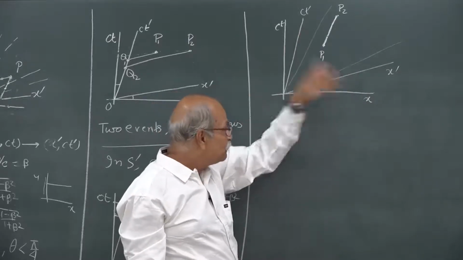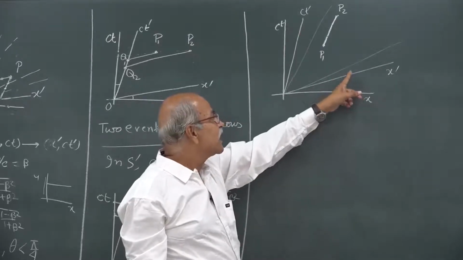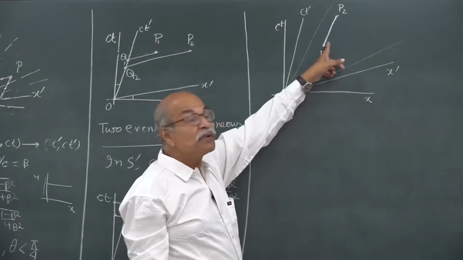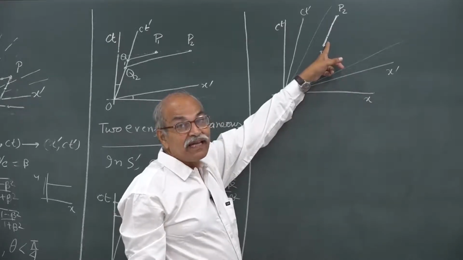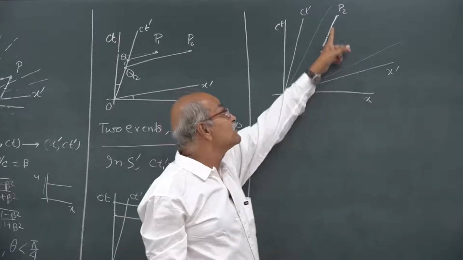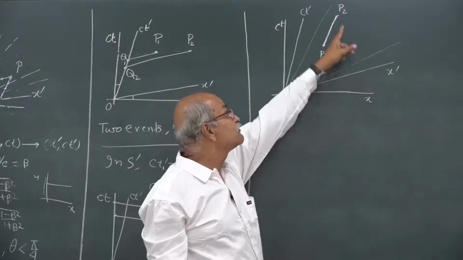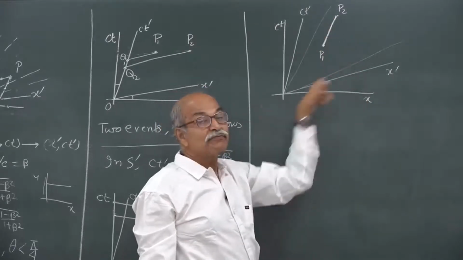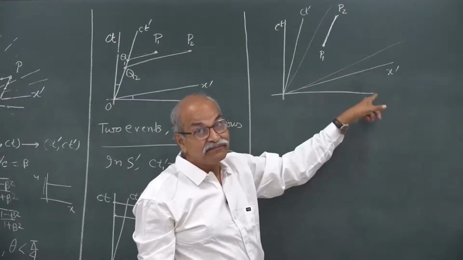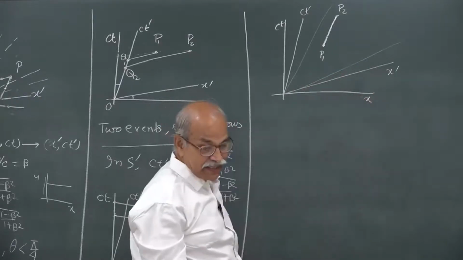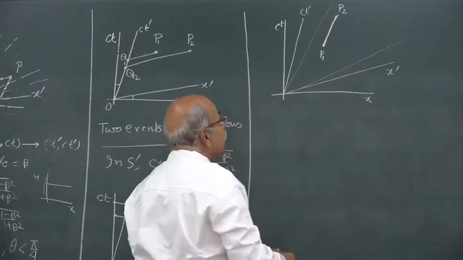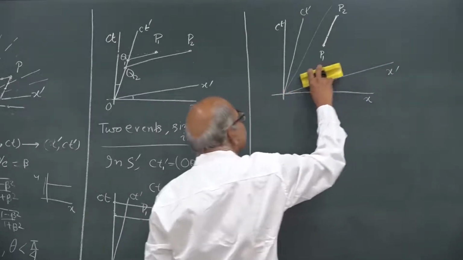So, for no frame, x prime axis can be parallel to P1 P2, and the two events are simultaneous in a frame only if this P1 P2 is parallel to x prime axis, x prime line. Okay.